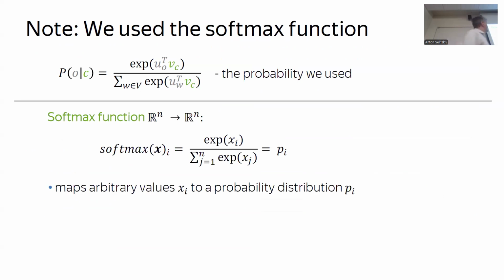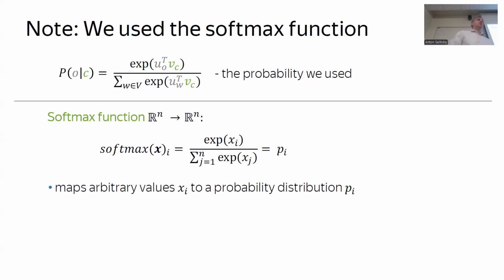So how does this softmax function actually work? It will return just the numbers that sum up to 1, like P1, P2 probabilities.